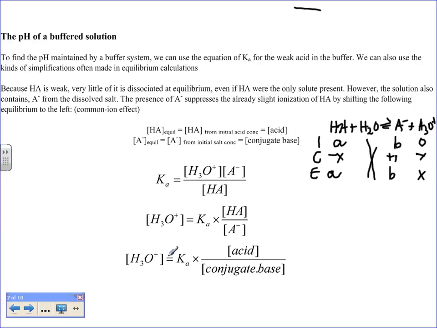So the concentration of H3O plus is equal to the Ka times the concentration of the acid, whatever it is initially, over the concentration of the conjugate base.